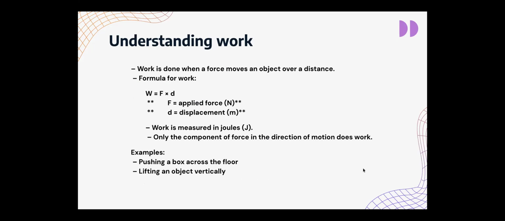Okay, this is what I talked about earlier. Work also equals the force applied to an object times its distance, right? I think you can visually explain this to yourself. If someone's applying 5 newtons of force over 10 meters, then it's just going to be 50 joules, right?